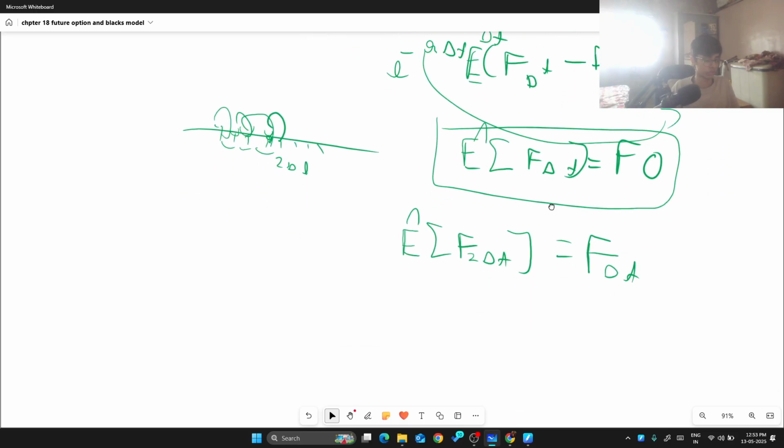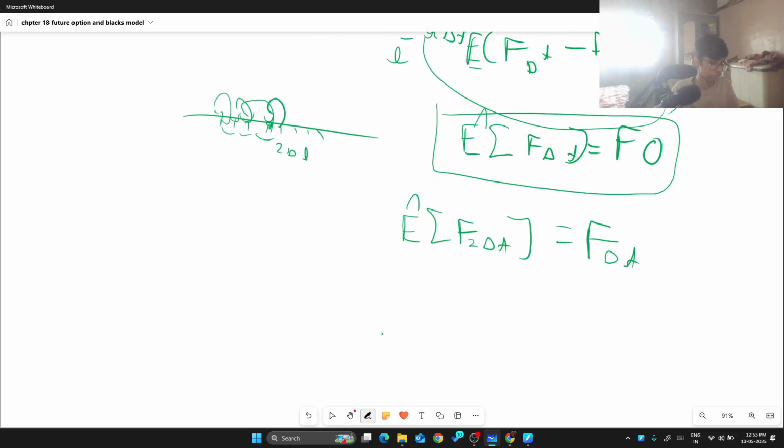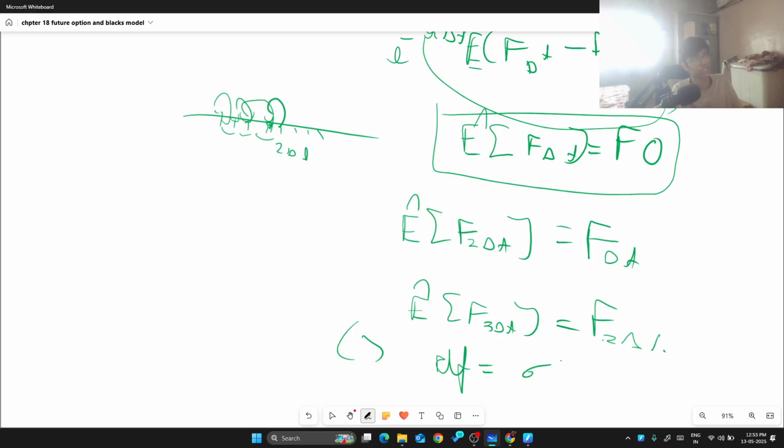And for example, if the expectation is at 3 delta t, its value would be the future value at 2 delta t. And from this we can use Ito's lemma and derive the function dynamics.